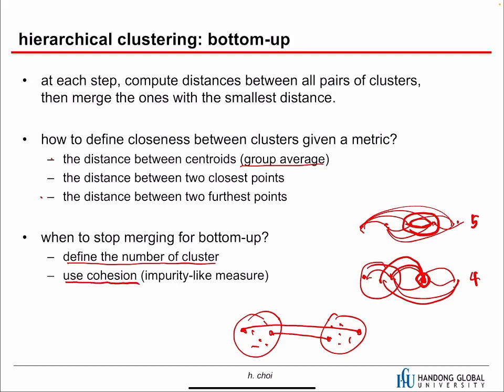If the cluster is pure, then that's good. When we have samples like this and make clusters like this, these 2 clusters are quite pure. But if we have a cluster like this, then this cluster is not pure. We can define this impurity with some equations later in the decision tree. Anyway, we can define when to stop.